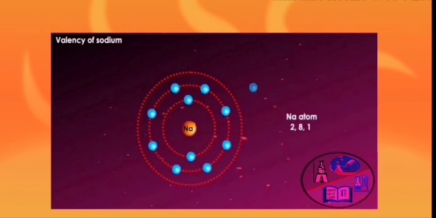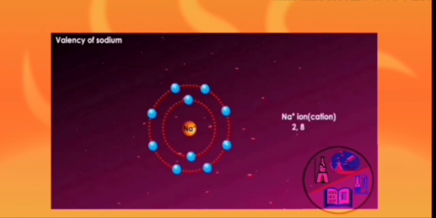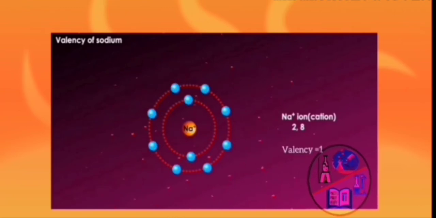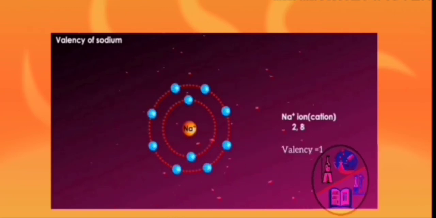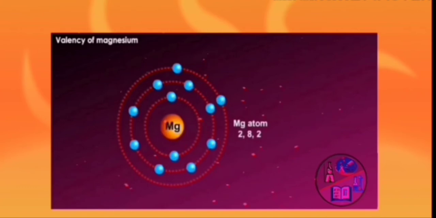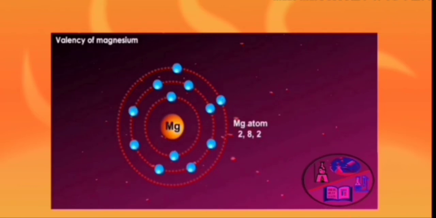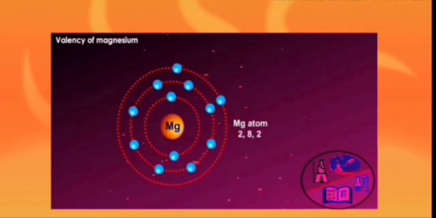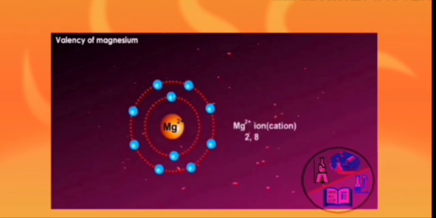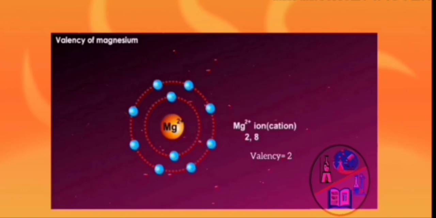So, it loses its 1 electron to obtain its octet configuration. Hence, the valency of sodium will be 1. Valency of magnesium: in magnesium, the outermost shell has 2 electrons. In order to become stable, it will lose 2 electrons and hence the valency will be 2.